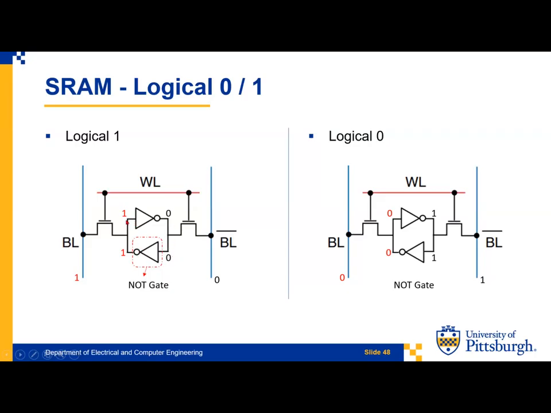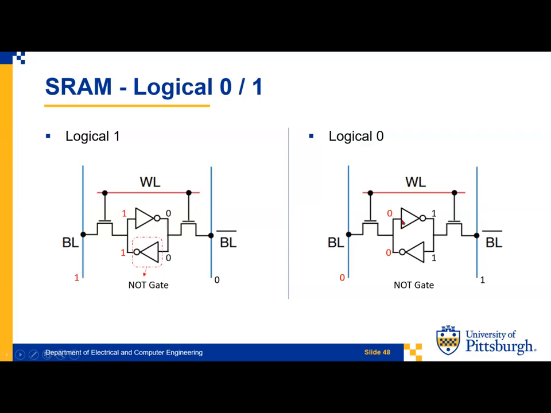So the state 1 on the left hand side will be kept at 1, and the right hand side will be kept at 0. And once the word line is selected, the MOS will be turned on, and we could read the result by the bit line. Yeah, the right hand side is a logical 0.